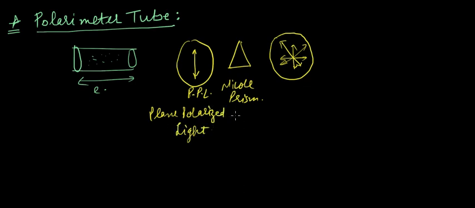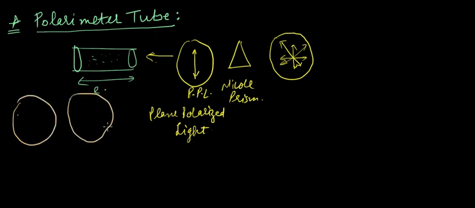Okay, so what will happen is, after this plane polarized light is passed into this tube, it can actually sway either in this direction or in this direction.